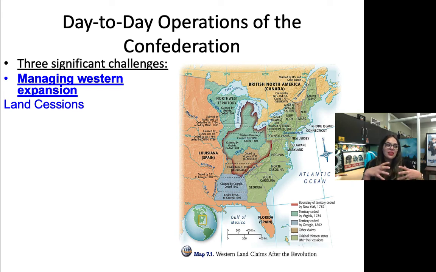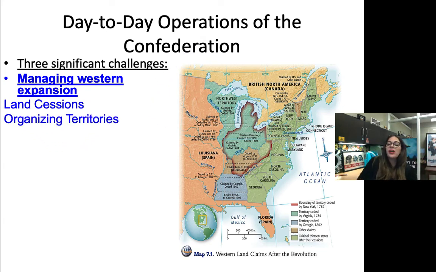And this is going to create a lot of rivalries with the other states, like little Maryland, which is landlocked, squeezed between Pennsylvania and Virginia. They can't expand any further, and neither can New Jersey, Delaware, or Rhode Island. So there's a lot of jealousy and bickering between the states that don't have access to western lands.